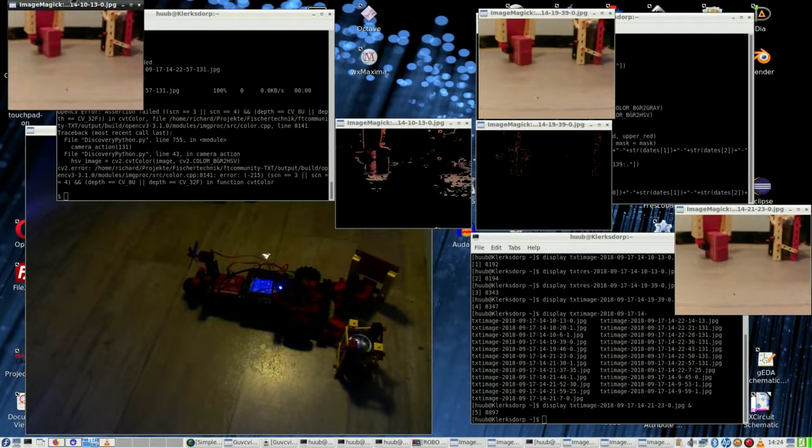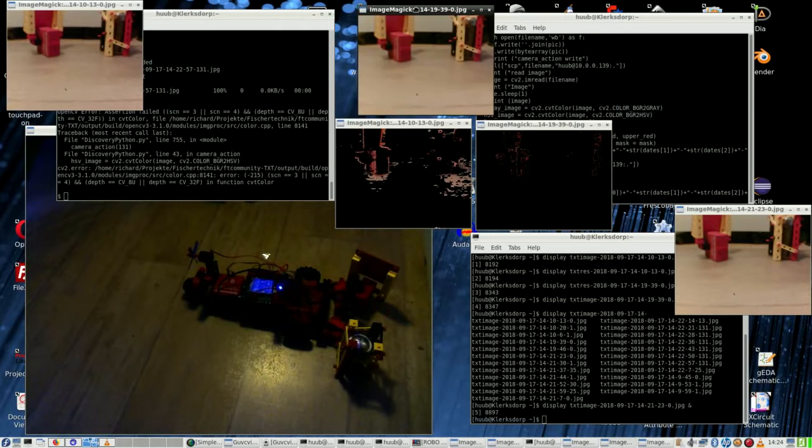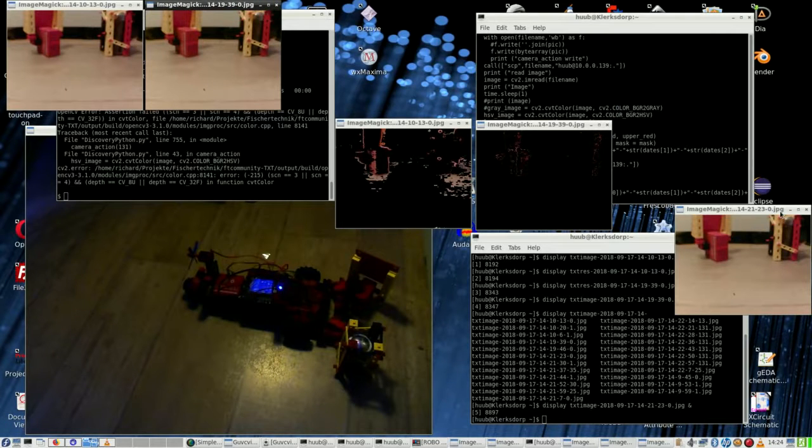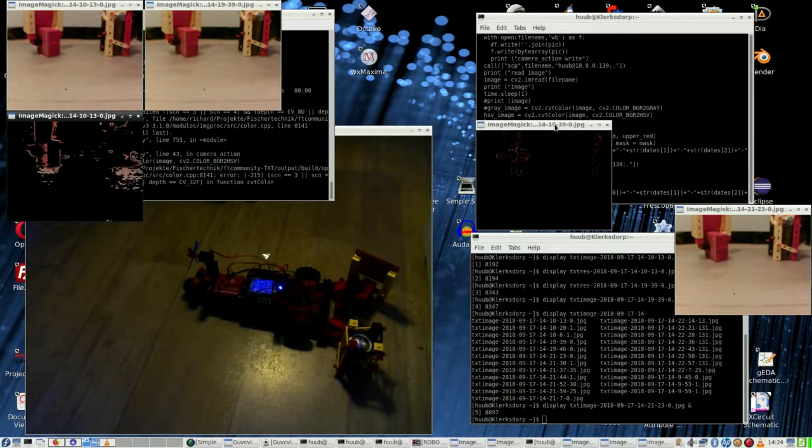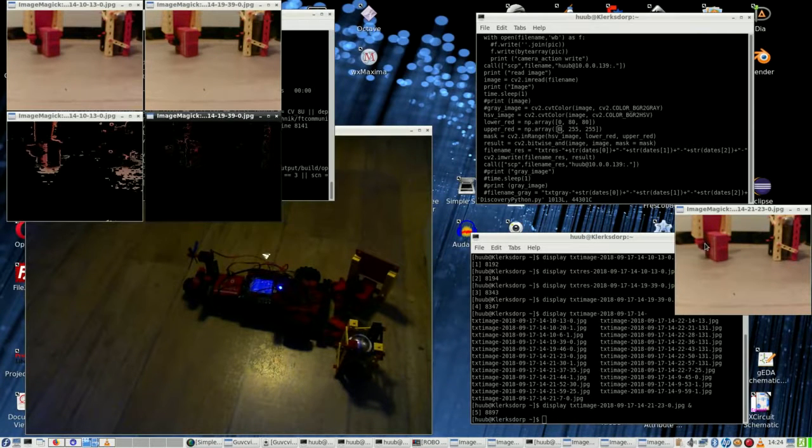This is the first one, and this is a zero image. So I can forget about the zero image, because I already have one.